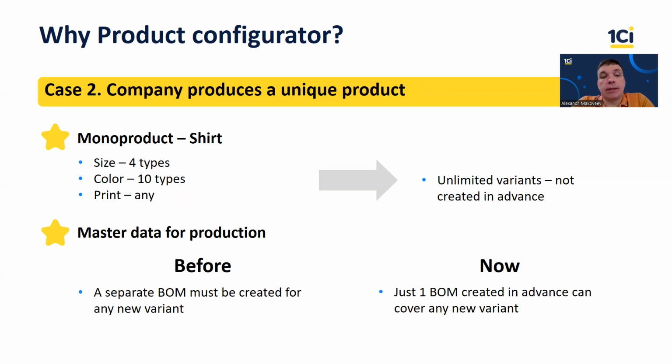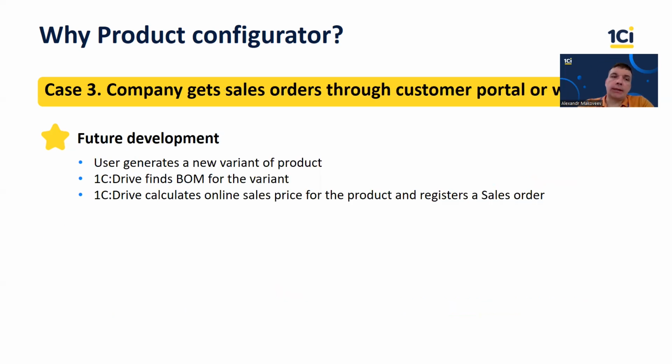In this case, we had to create a BOM every time we created a new variant, a new sales order. Now we can create just one BOM in advance, and this BOM will cover any new variant that we add in our system.